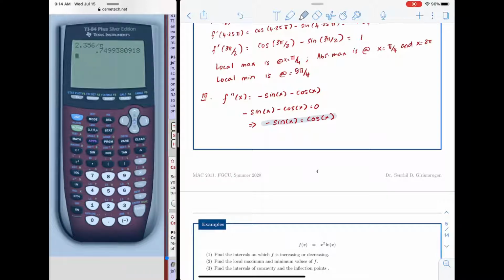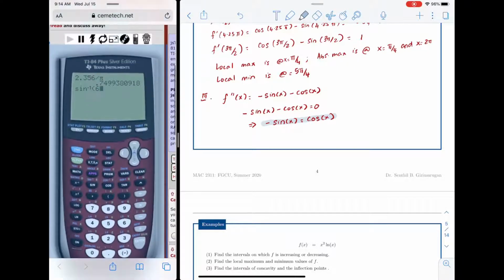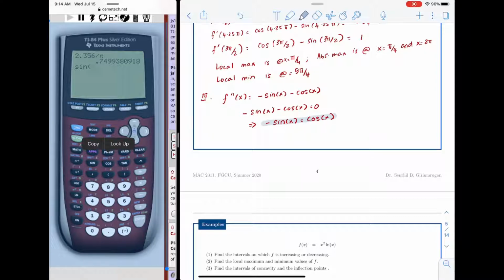So sine 3 pi over 4 is 0.707. Cosine 3 pi over 4 is negative 0.707, so that is satisfied.